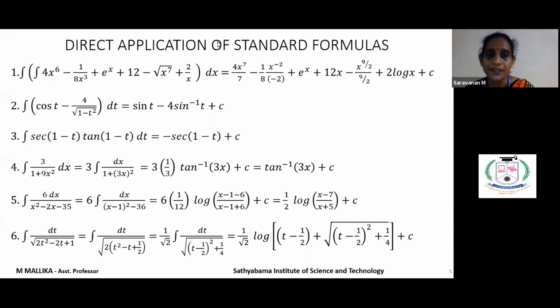Take the second one. Again, simple, direct functions for which you have the formula ready-made. The integral of cos t: it's not always that you should have the variable x. You can also have any other variable. It can be t or z or theta, whatever it is. So the integral of cos t is sin t. Then 4 by root of 1 minus t square.